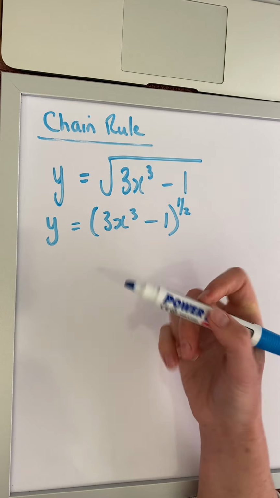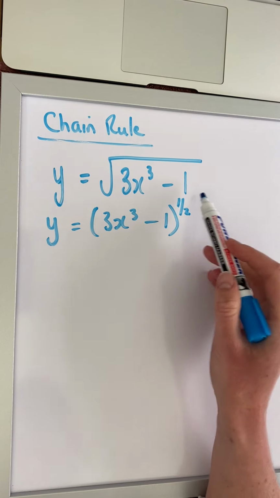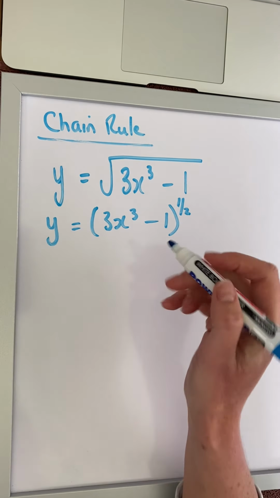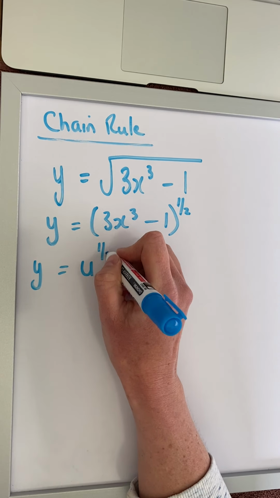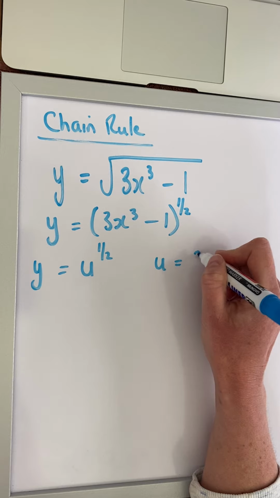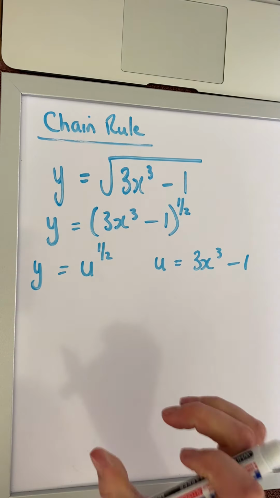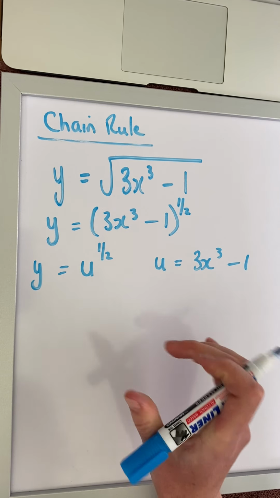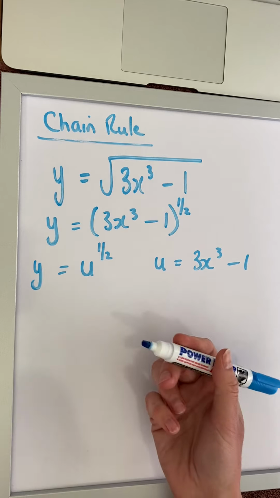Now, again, we have a complicated function. We have a function within a function, if you like. So what we can do is replace that with a u, where u is equal to 3x cubed minus 1. So we take away the complicated part of the function that is causing us difficulty, and replace it with something more manageable.